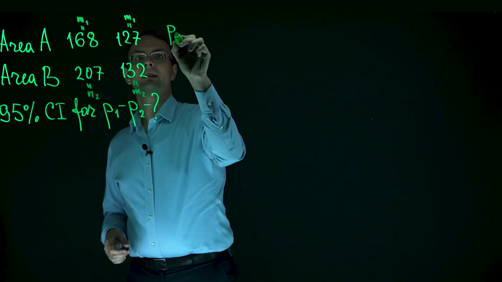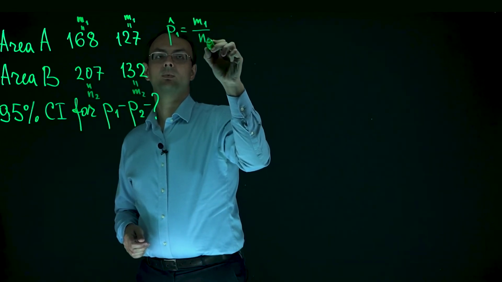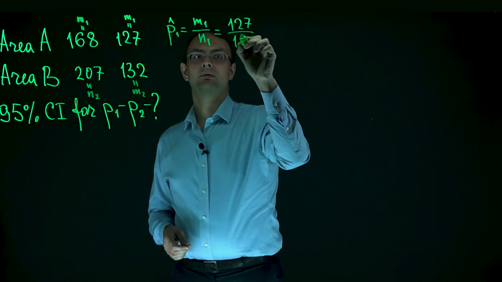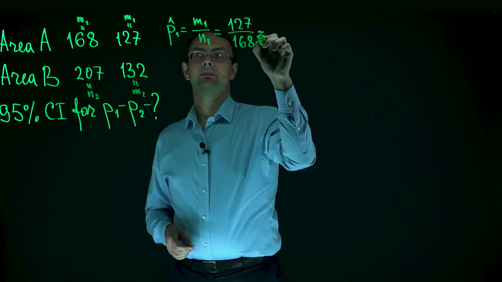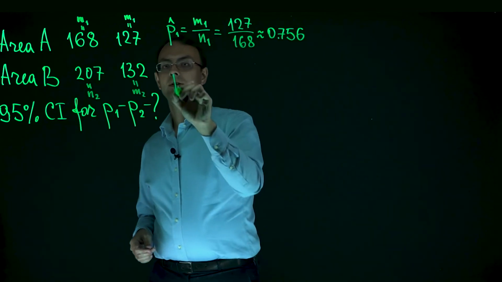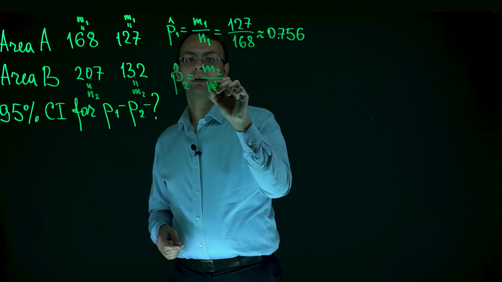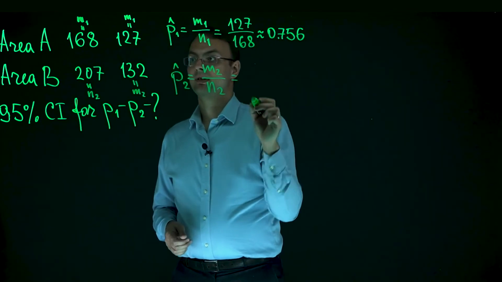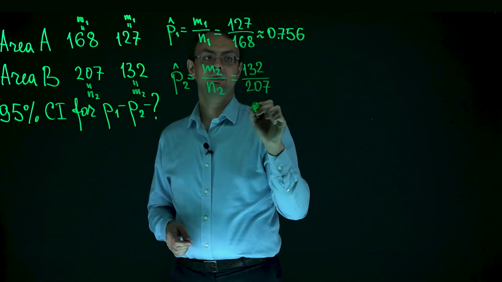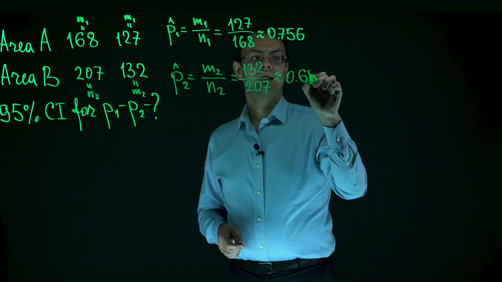So P1 hat is M1 divided by N1, so 127 divided by 168, that is approximately 0.756, and P2 hat is M2 divided by N2, that is 132 divided by 207, and this is approximately 0.683.